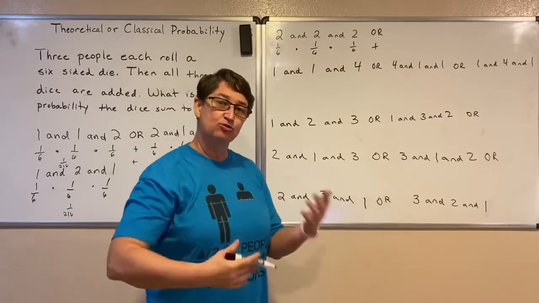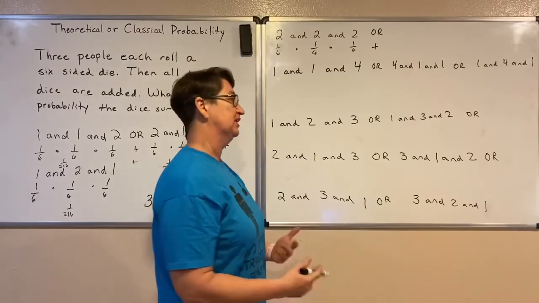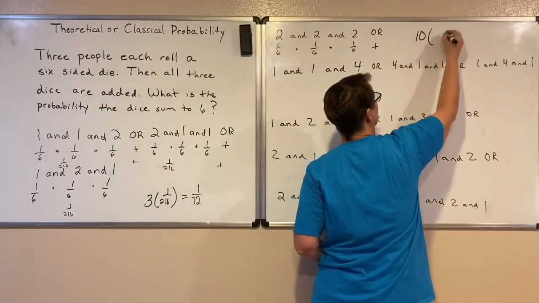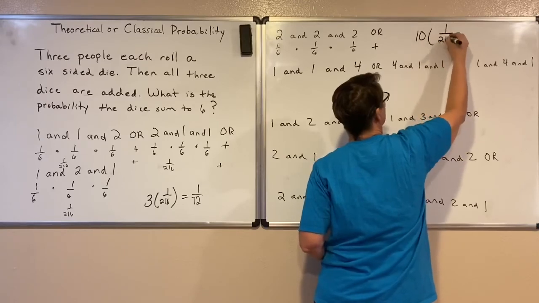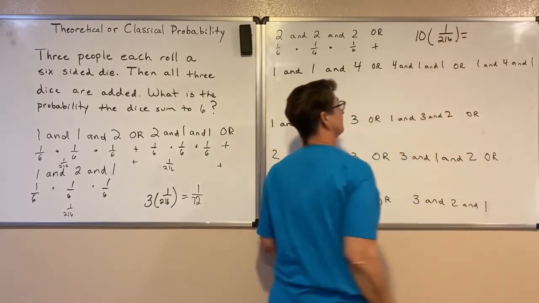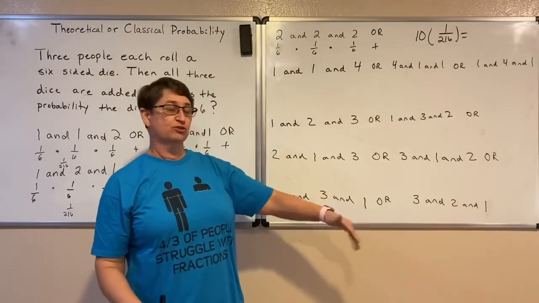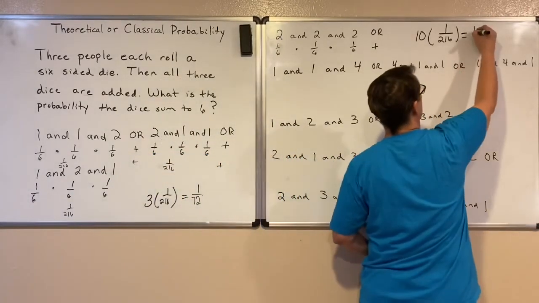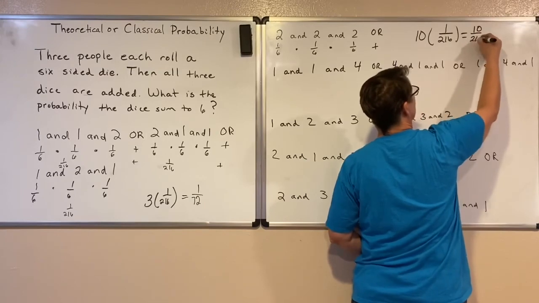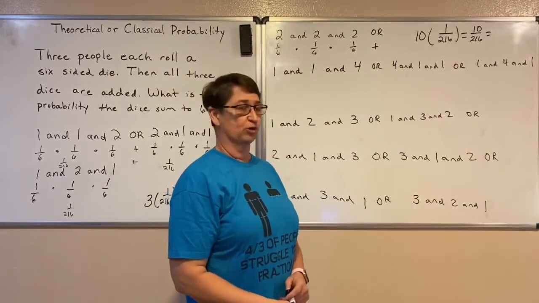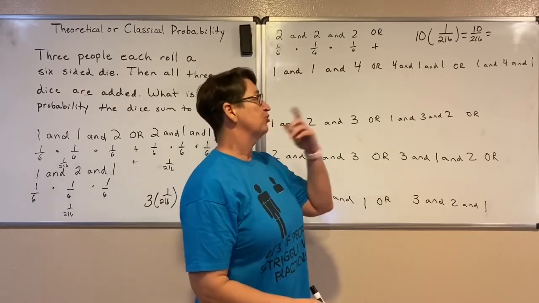Instead of adding 1 over 216 over and over again, we can just multiply 10 times that 1 over 216. You can just multiply straight across, so you get 10 over 216. I could do it that way this time. Normally, I like to simplify before I multiply, but remember with fractions, we're just multiplying straight across. And then we'll need to reduce.